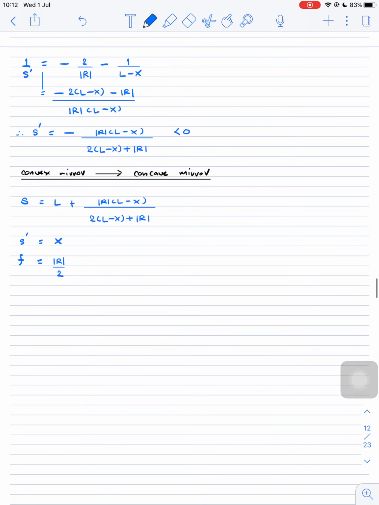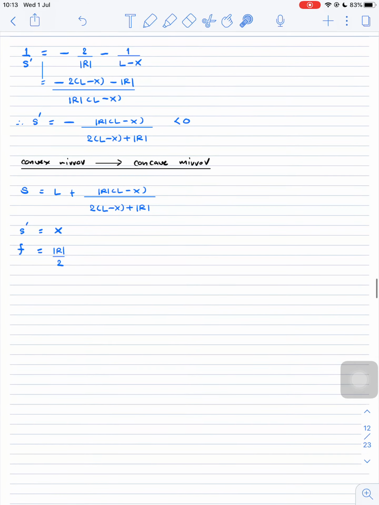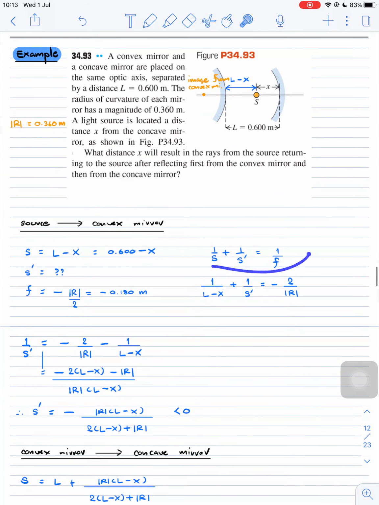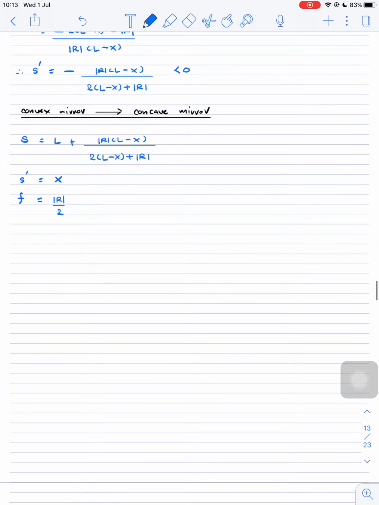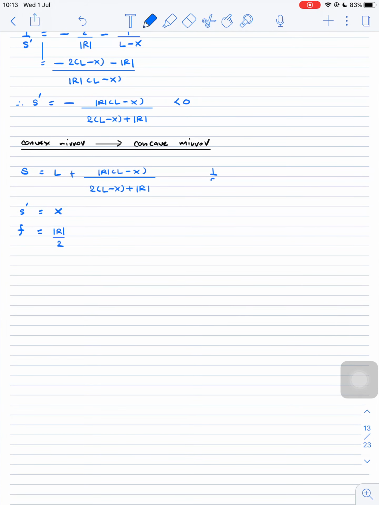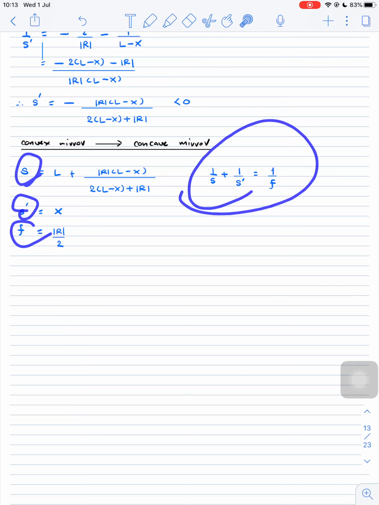Now let's try to relate these three variables together using this equation. We have 1 over S plus 1 over S prime equal to 1 over F. Let's plug in S prime and F into this equation.